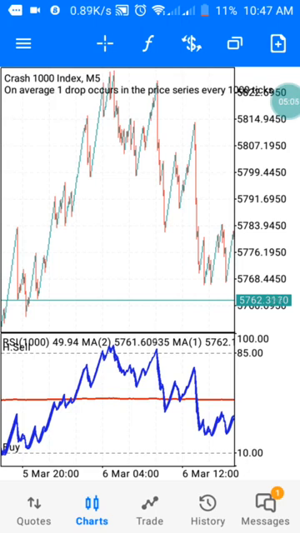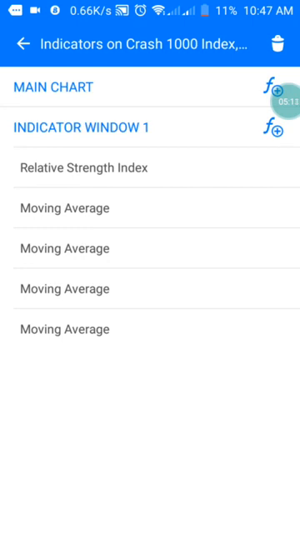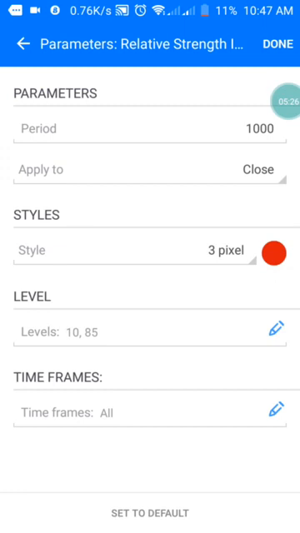So now let me show you the settings you need to set up on your phone. On my main chart, I don't have anything. I only have all my strategy in window 1. So in indicator window 1, I have my RSI, which is the relative strength index. In the relative strength index, I have my period to be 1000.